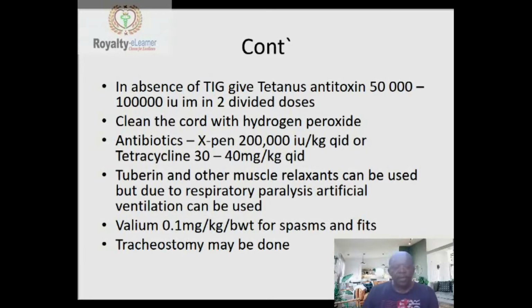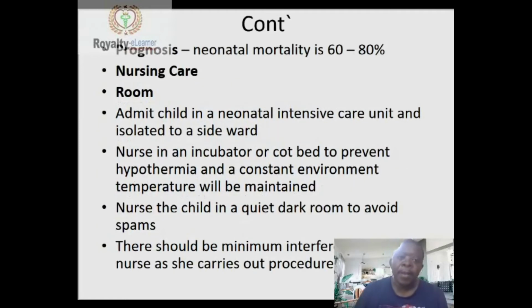In case of convulsions, 0.1 milligrams per kg body weight of Valium can be given for the spasms and the fits. Tracheostomy may be done to help aid breathing in these patients.